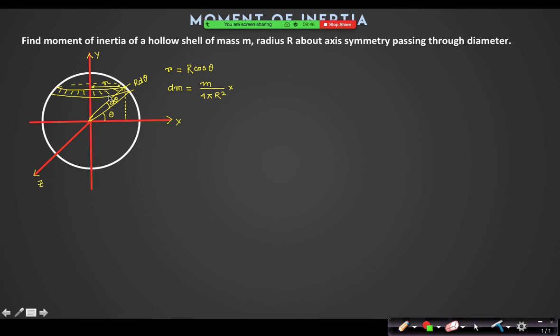What is the area of that ring? 2 pi r cos theta into r d theta. So let us simplify it. 2 pi r I will cancel, r square is cancelled. So dm is m by 2 into cos theta d theta.